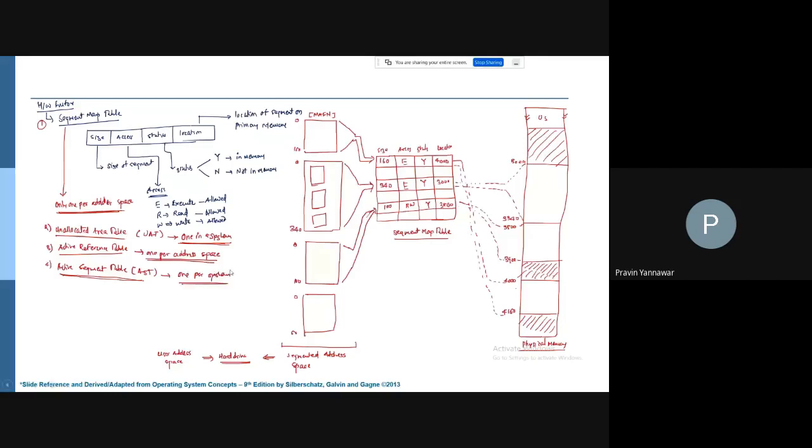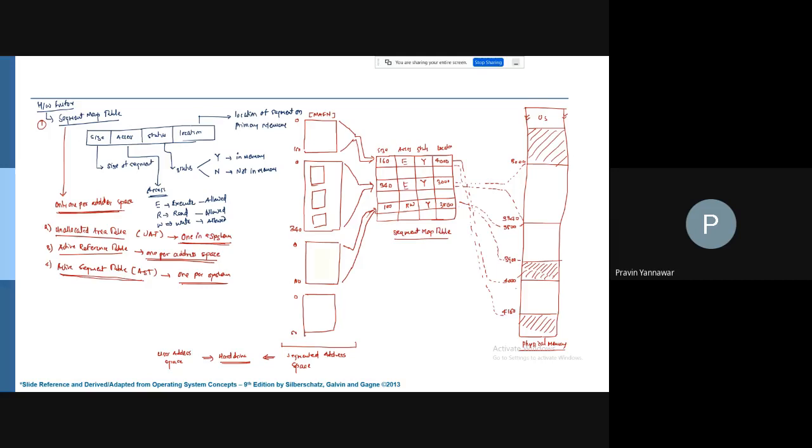So there are four tables which are used here. One is the segment map table, second is the unallocated area table, then the active reference table, and the active segment table. The unallocated area table contains information about the memory spaces that are unallocated.